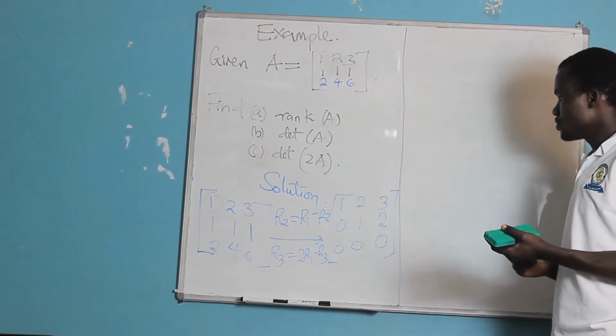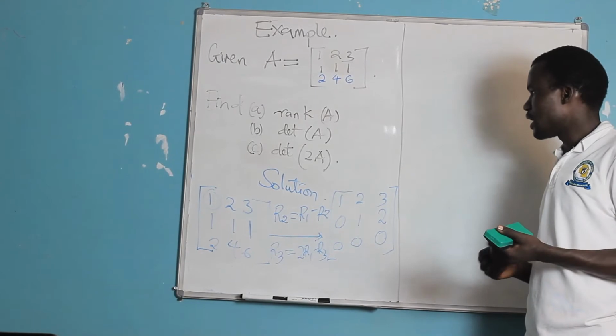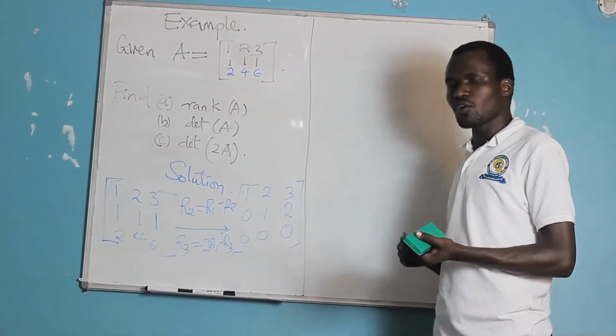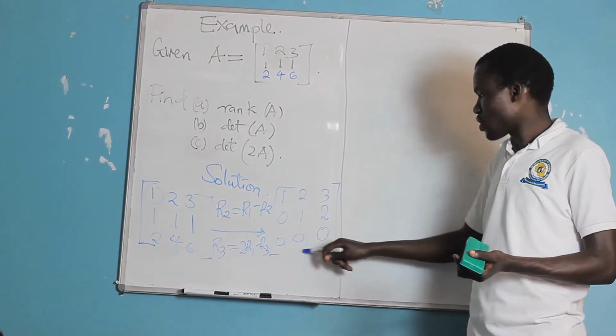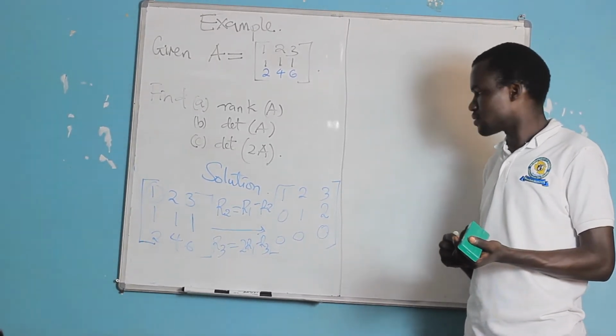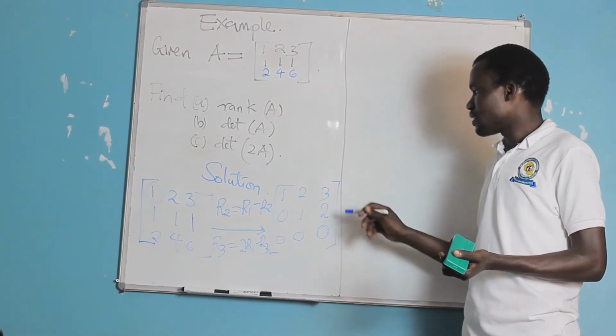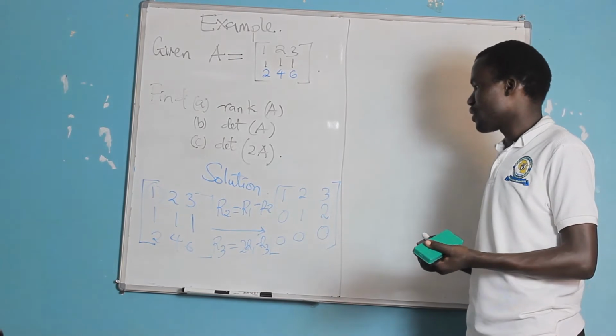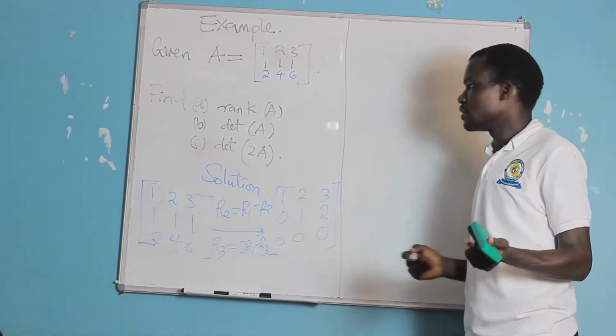Okay. So dear students, after reviewing this matrix in echelon form, the row at the bottom has all 0 entries. Now, the non-zero rows are just the first row and the second row, and there are only 2.